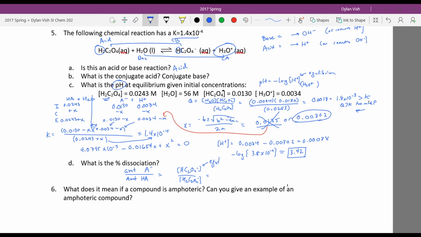These are equilibrium amounts. That's going to be 0.0130 minus our x all over whatever, again, 0.0243 plus our 0.00302. We'll plug that into our calculator, and you'll get about 0.36. Multiply that by 100, you'll get 36.5%.